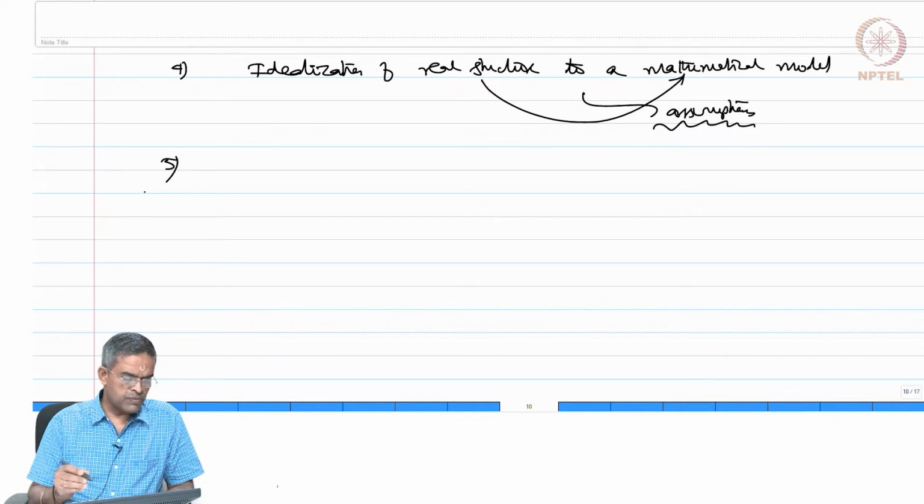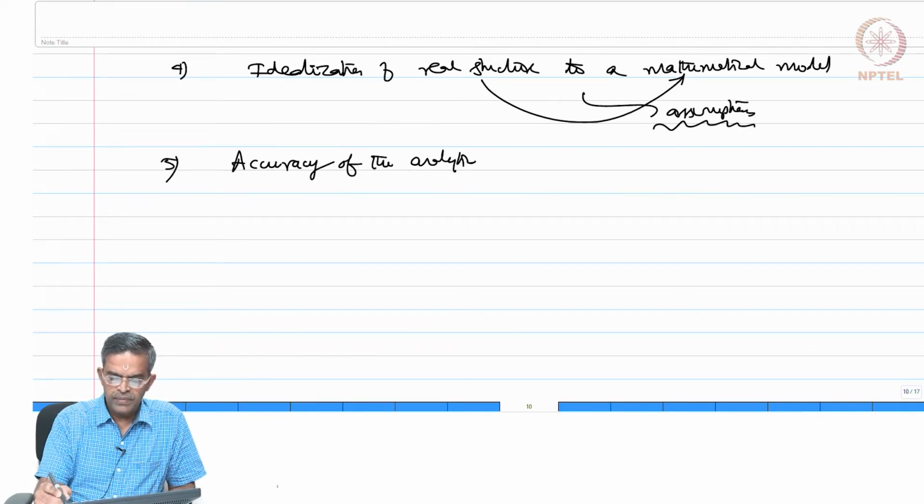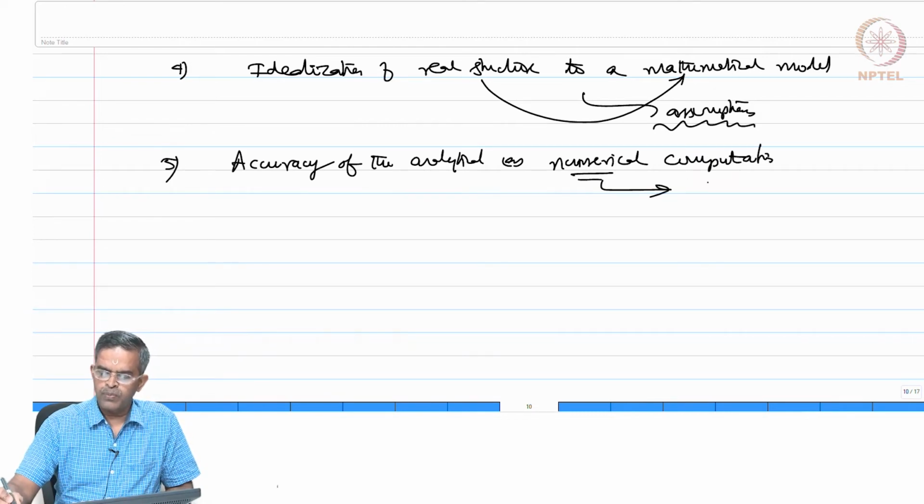The fifth comes from accuracy of the analytical or numerical computation. Numerical means the output from an existing software.